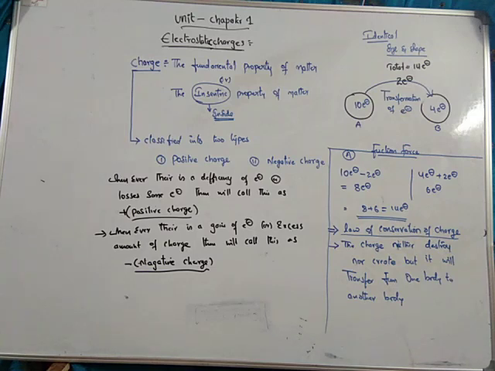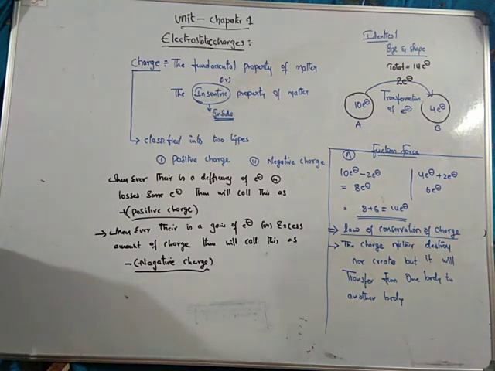Initially we define charge. It's a fundamental property, or intrinsic property, of matter. Intrinsic is nothing but inside properties we have to study. Classification: there are two types of charges, positive charge and negative charge. To define positive and negative charge, we consider a general example.